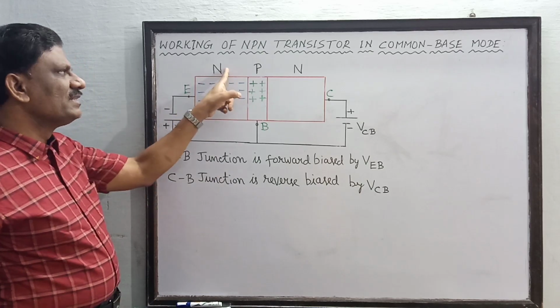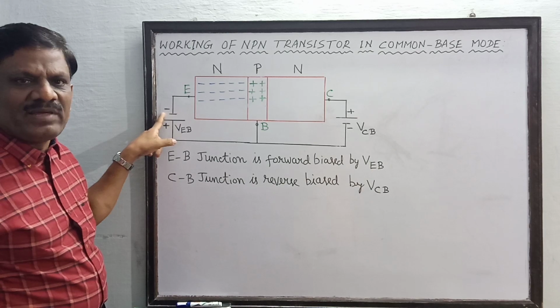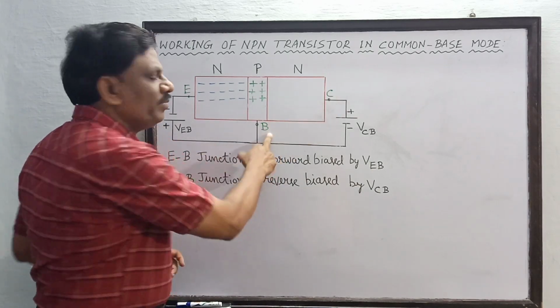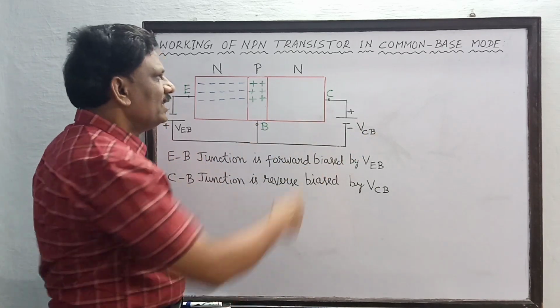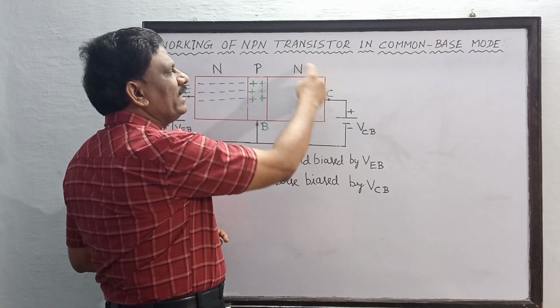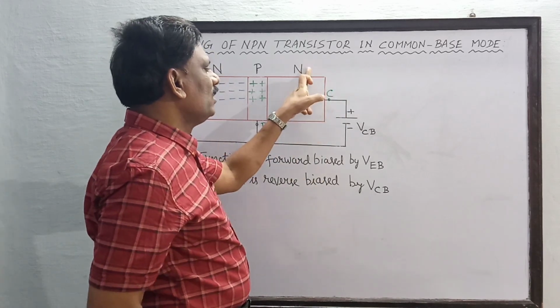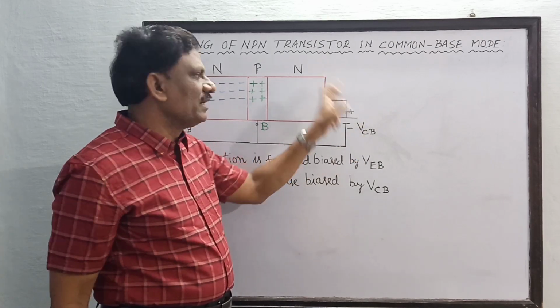Since the emitter region is an N-type semiconductor, it should be connected to the negative of the supply battery. Similarly, the collector base junction should be reverse biased and this is done by the supply battery VCB. Since the collector region is also N-type semiconductor, to reverse bias, we have to connect the positive of the supply battery to this N-type semiconductor.